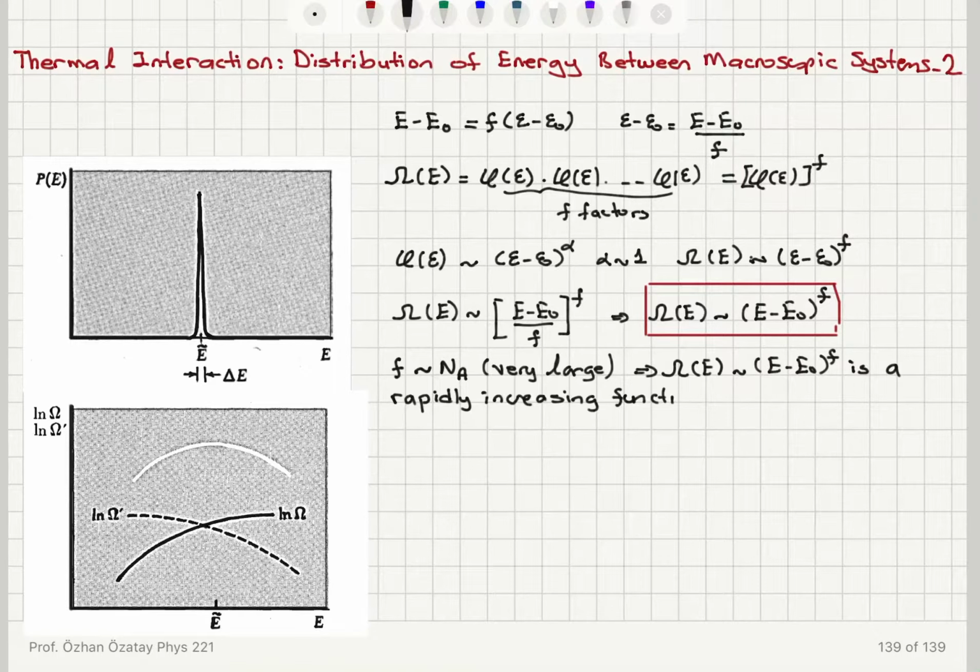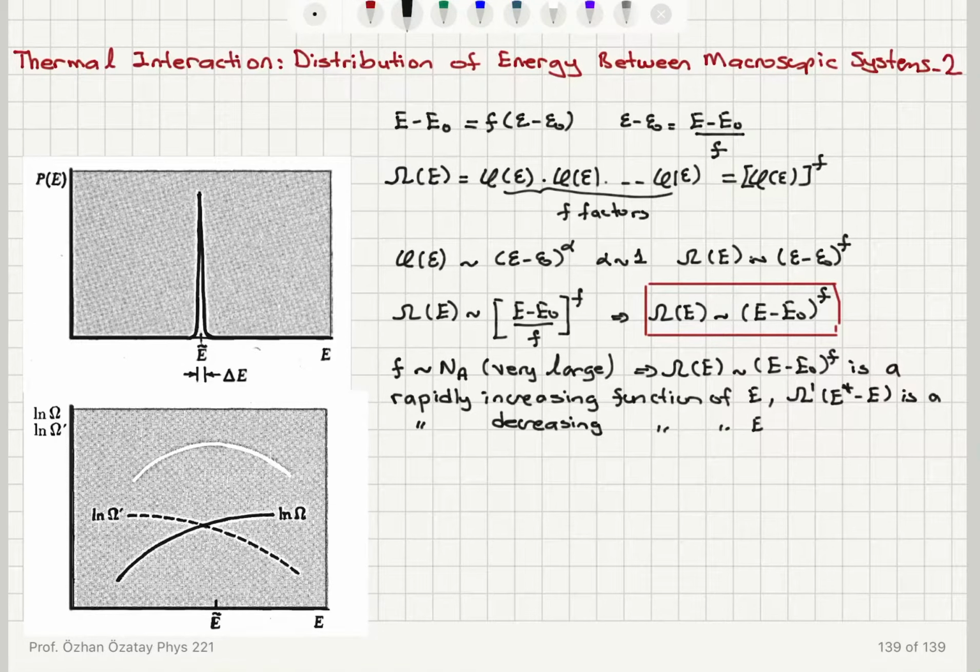And at the same time, if you consider omega prime, evaluated at energy E star minus E, or E prime, this is going to be a rapidly decreasing function of energy, because I have E star minus E. It's a rapidly increasing function of E prime, and a rapidly decreasing function of E.